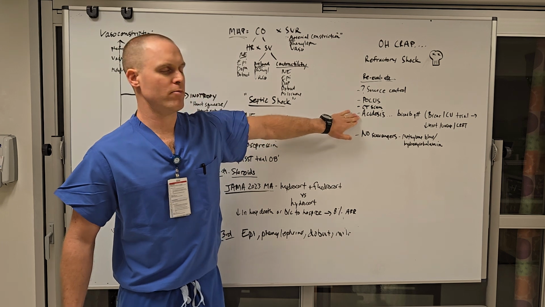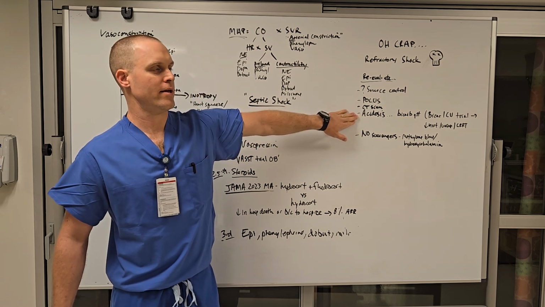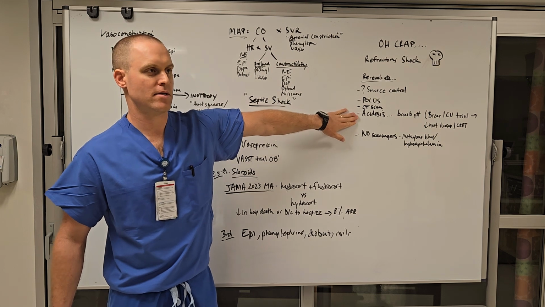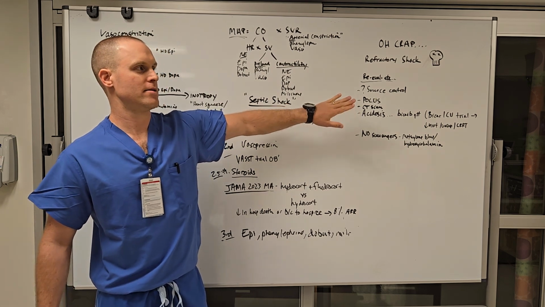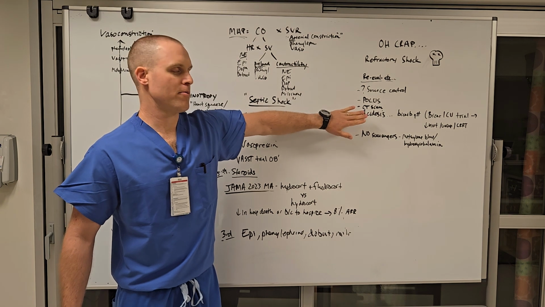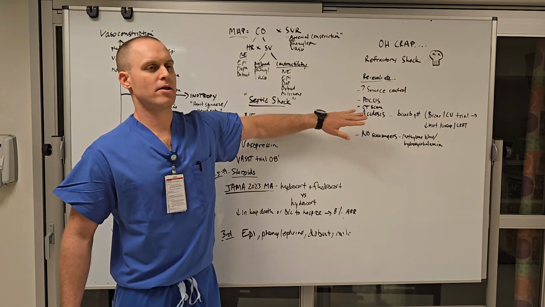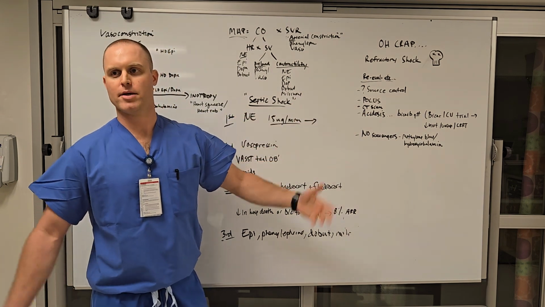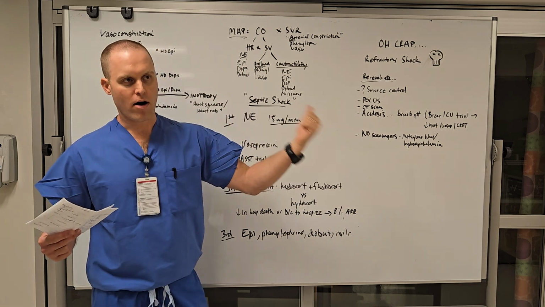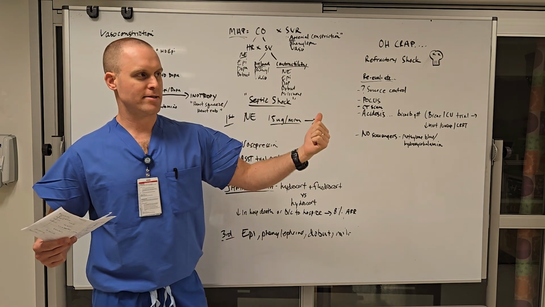And then the other one we run into a lot here as well is people come in so sick with this refractory acidosis. I mean, you're literally melting, so to speak. Myocardial suppression, so your heart's not pumping well if you're acidotic.